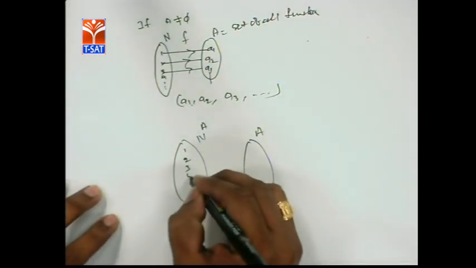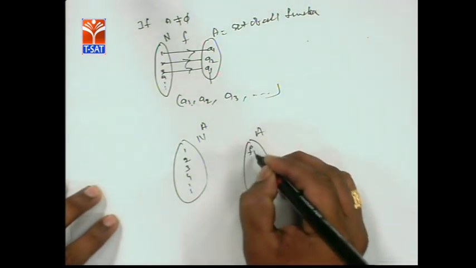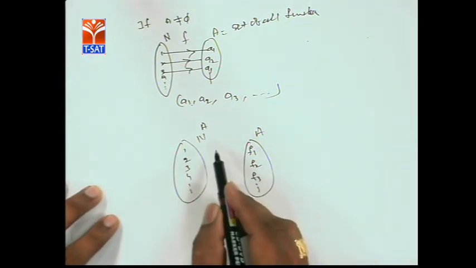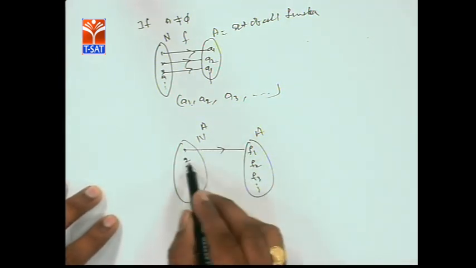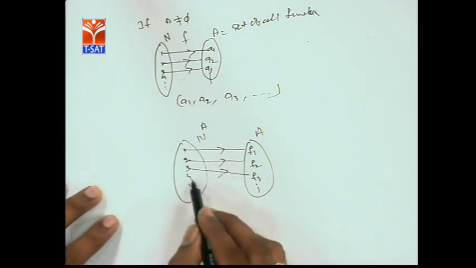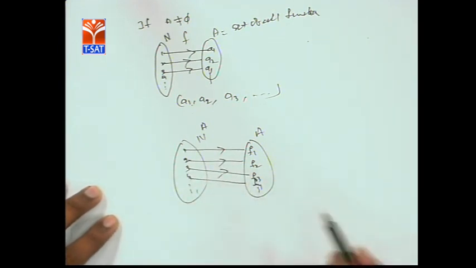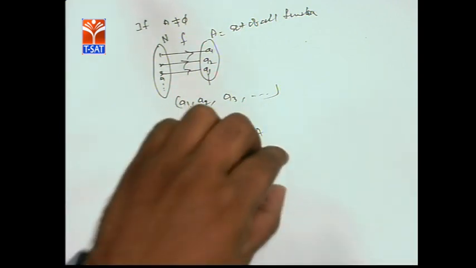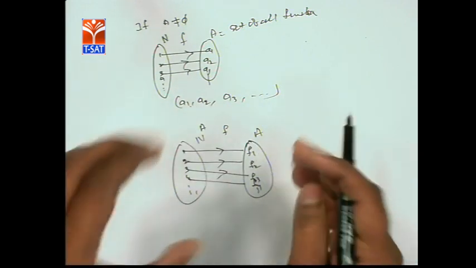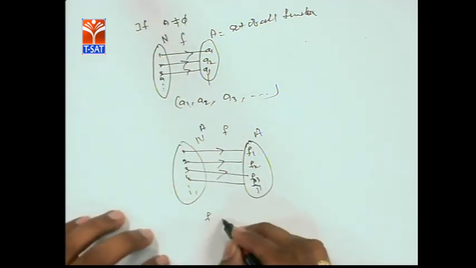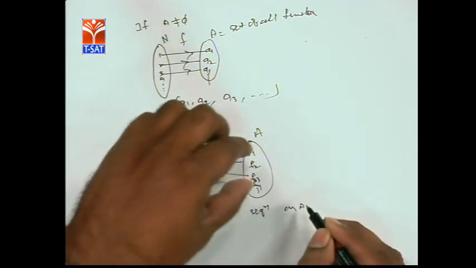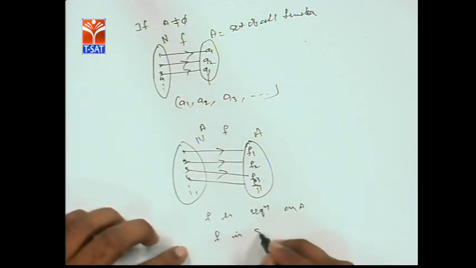Here f1 is one function, f2 is another function, f3 is another function, and so on. 1 goes to f1, 2 goes to f2, 3 goes to f3, 4 goes to f4, and so on. In this case, the mapping f from N to A is called a sequence on A. Since A is the set of all functions, f is a sequence of functions.